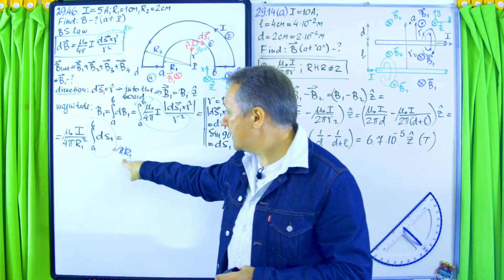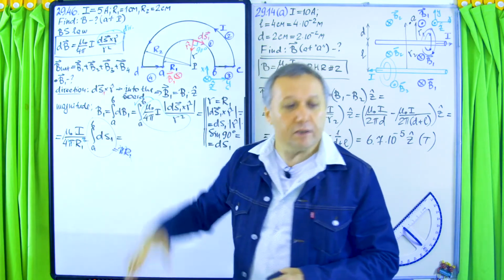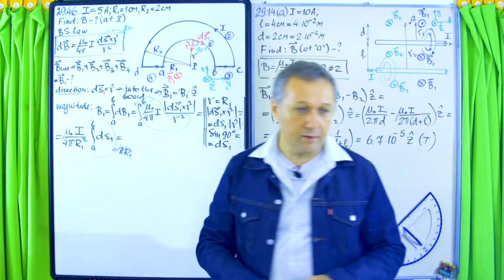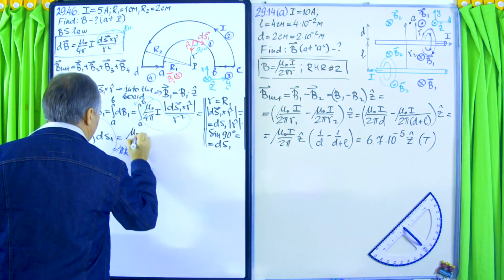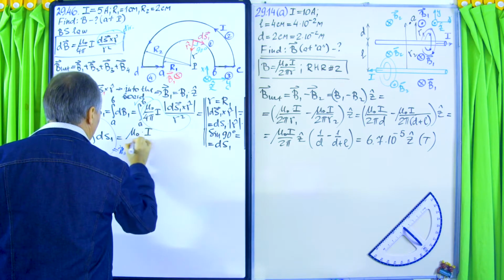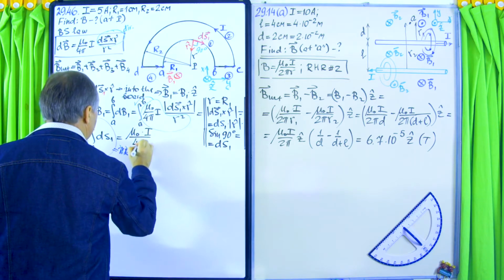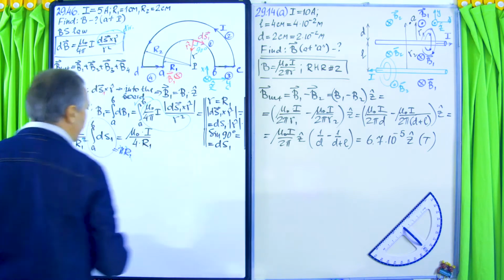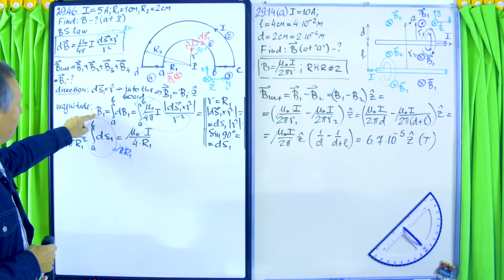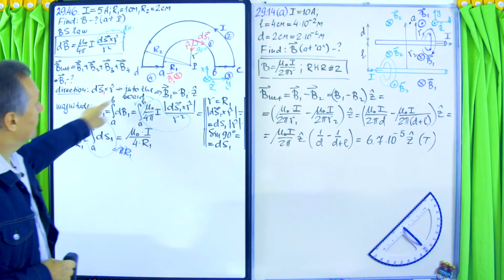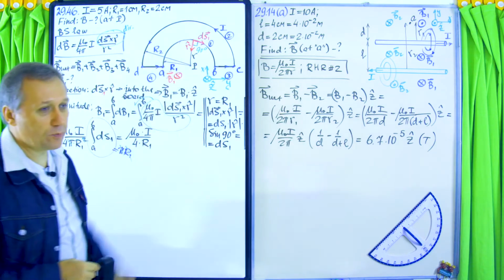This is in the denominator, this is the numerator, and those are in the denominator, right? So as a result, we're getting the answer for B1 absolute value. So it's mu naught I divided by 4 times R1. So that's magnitude of magnetic field B1 created by this semicircle at point P.